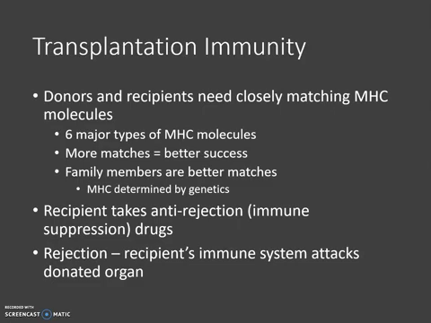So typically a family member is going to be a closer match than a random donor. It's especially great if you have a sibling, and even better if you have an identical twin. So if you have an identical twin, then your MHC proteins are going to match very closely. But even with a sibling, you typically have several of those MHC proteins that are going to match up.